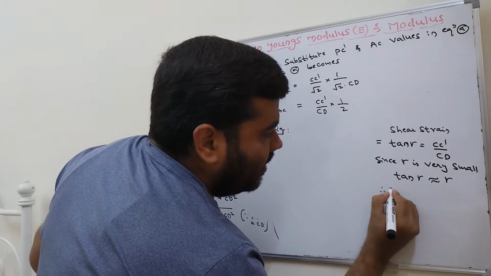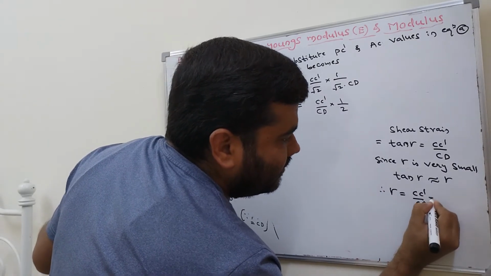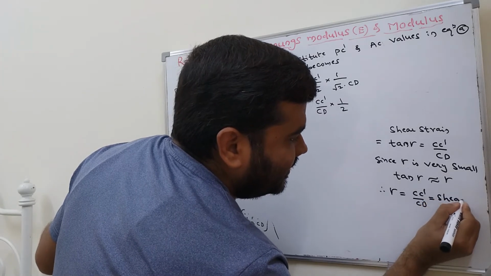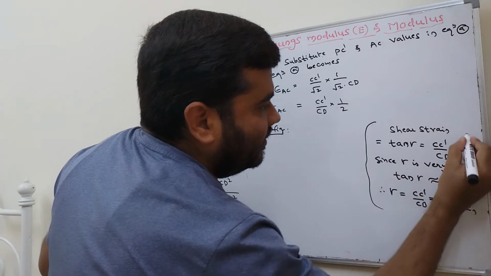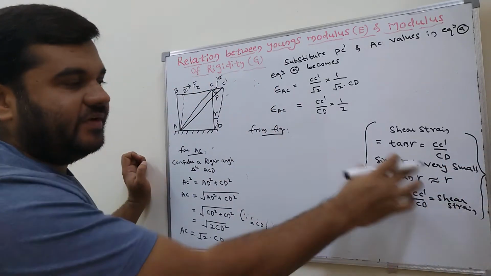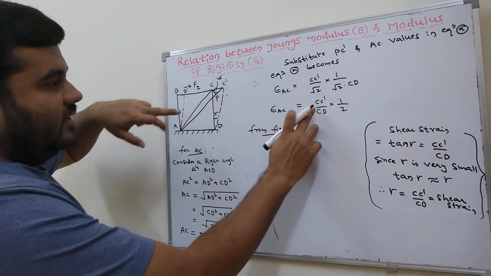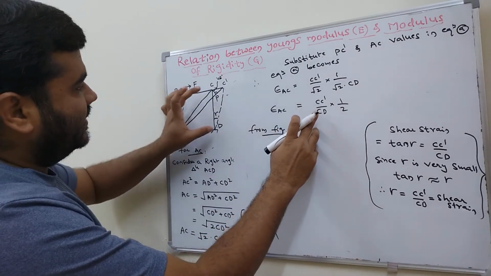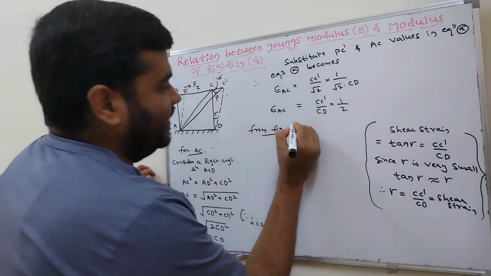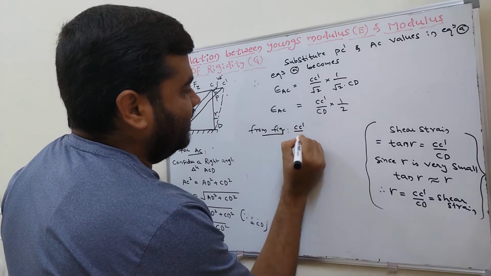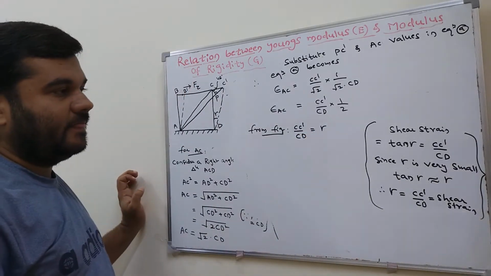Therefore gamma is equal to CC dash divided by CD. This is equal to shear strain. This you need to remember before deriving. This is the definition of the shear strain. So from the figure, CC dash divided by CD, can I write it as gamma? It is shear strain.